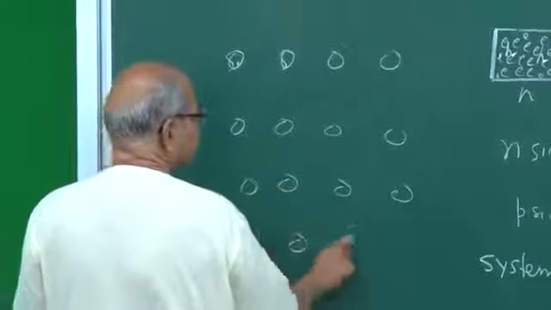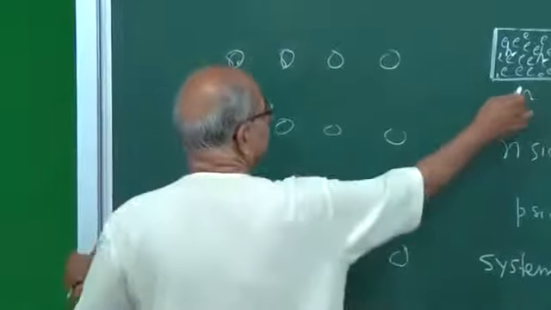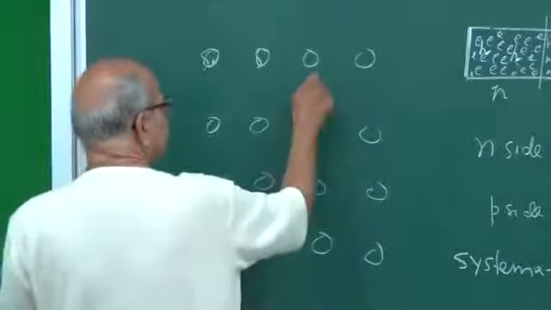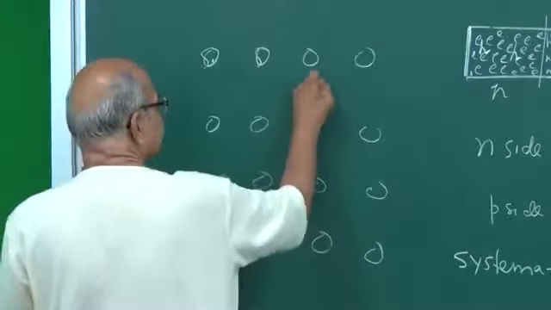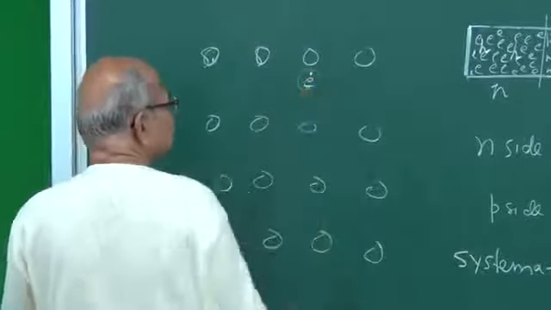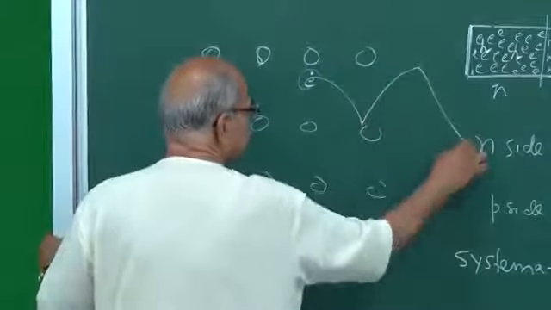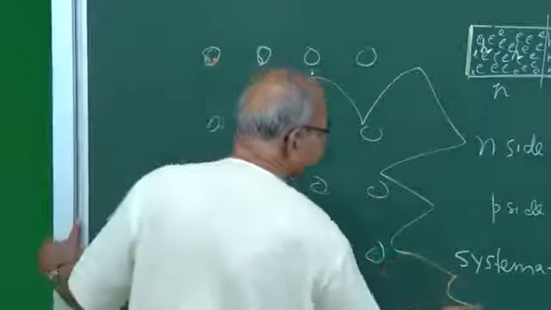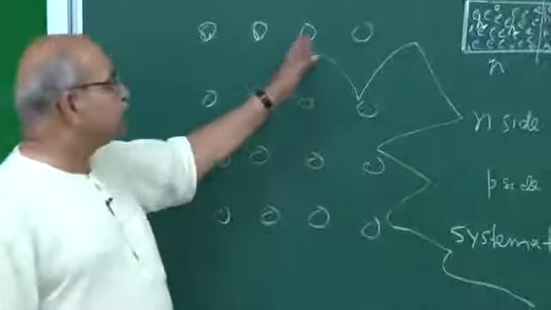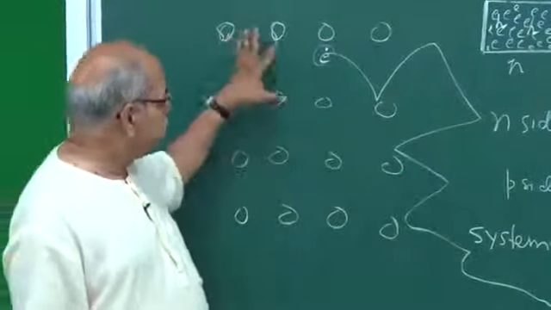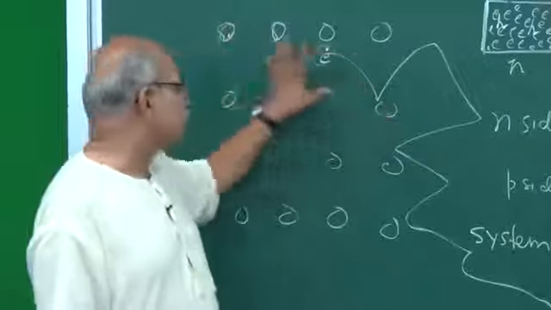Then at some places, if it is n type, you have put those impurities, and because of that you have those extra electrons, which are in the conduction band, and they are going here to there to there. They are just going randomly, changing atom to atom, atom to atom, and so on. So in the process, they are going from this side to that side to this side.